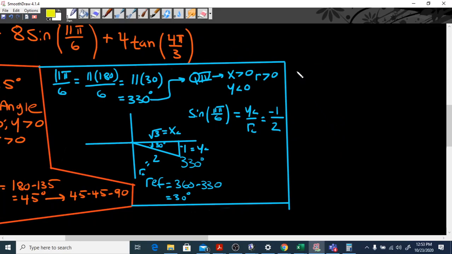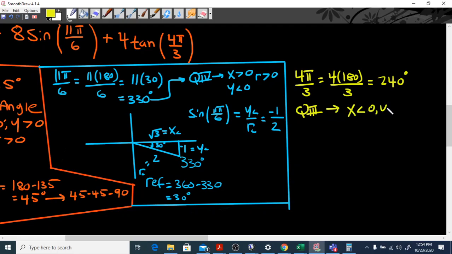All right, so 4 pi over 3. Well, that is 4 times 180 over 3. 180 over 3, that's going to be 60. 60 times 4, 240. Okay, so that makes this a quadrant 3 angle, because we're bigger than 180, less than 270, okay? In quadrant 3, x is negative, y is negative, and r is positive. R is always positive, everybody.